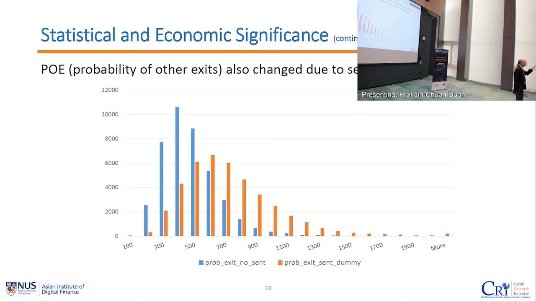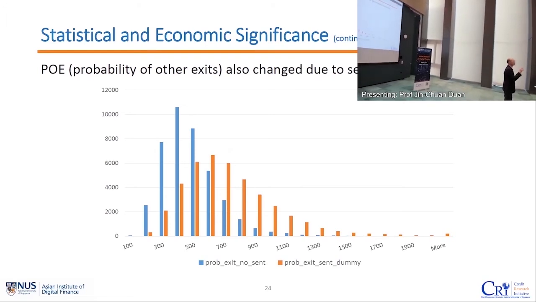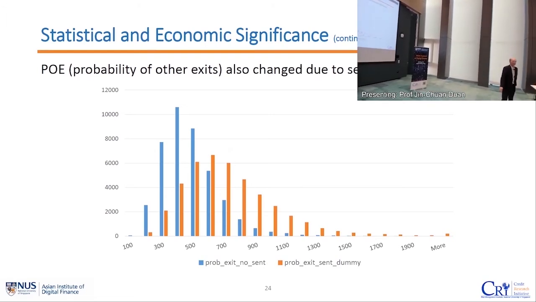I'm just zeroing in on that to plot out the frequency distribution. Blue is if I don't use that variable, I still use that same set for company. The other one is once you put these two variables in for that entire same set, they're different. In other words, this probability of other exit is obviously being affected by this sentiment variable, with or without. Nothing more concrete than this. Do you agree?